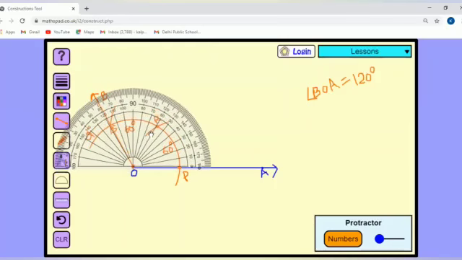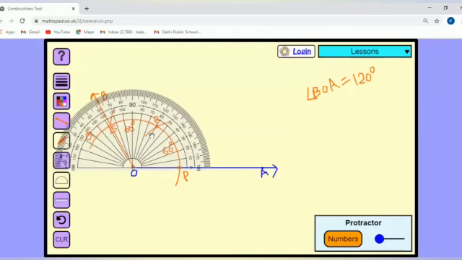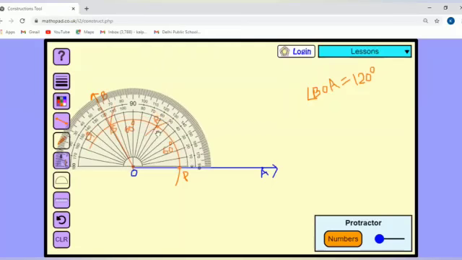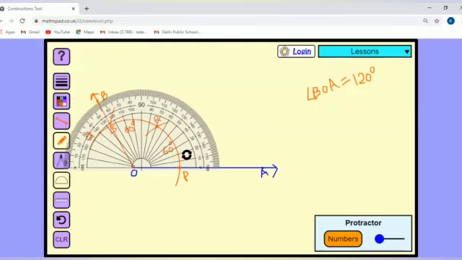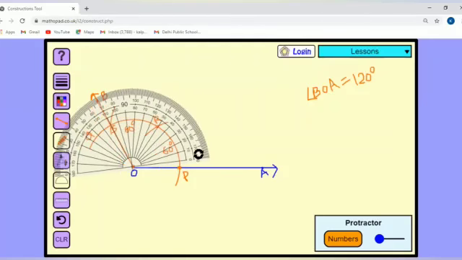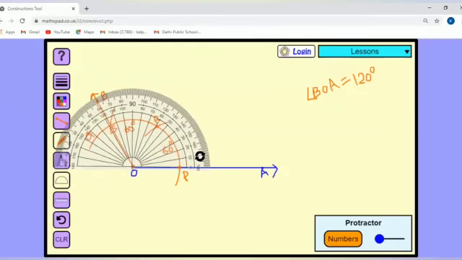Check the 0, 180 line. Yes, it is 60 plus 60, 120 degrees. Yes, 0, 10, 20, 30, 40, 50, 60, 70, 80, 90, 100, 110, 120 degrees.